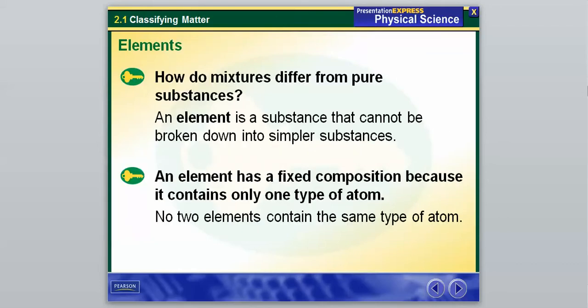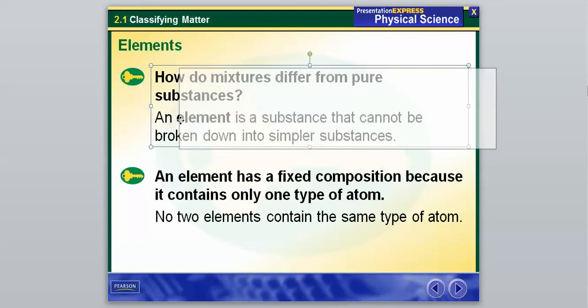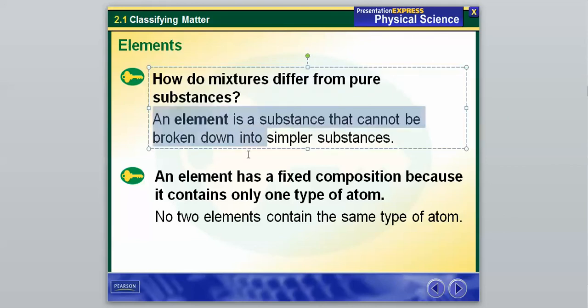Now we have our two different types of pure substances. Our first one is an element. An element is a substance that cannot be broken down into simpler substances. It is as simple as you can get, the purest you can get. Once we have an element, we cannot break it down any farther.